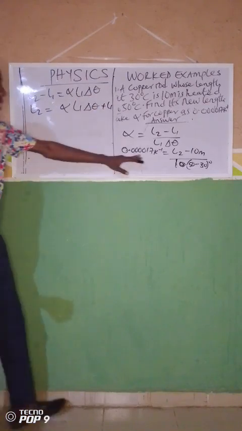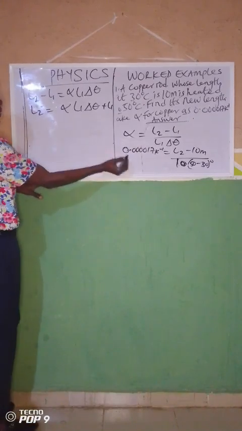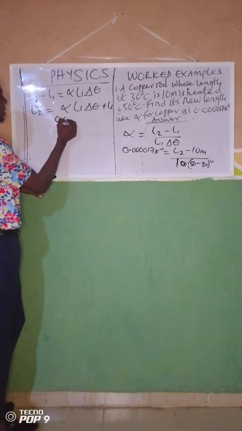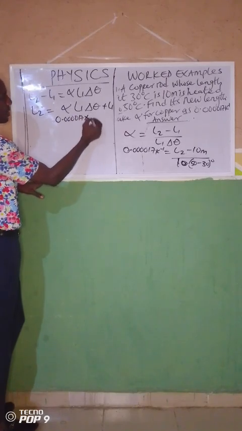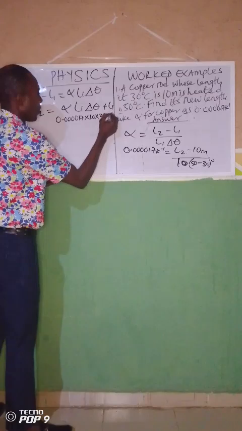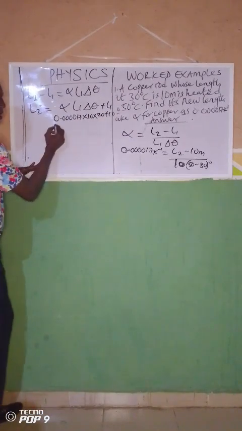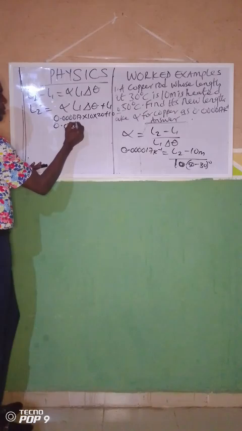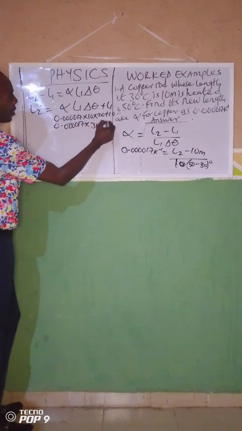Now let's slot in everything that's needed to get our L2. Our alpha is 0.000017 times 10 times change in temperature, 50 minus 30, which is 20, plus 10. You follow BODMAS, you do this one first. 0.000017 times 10 times 20, plus 10.